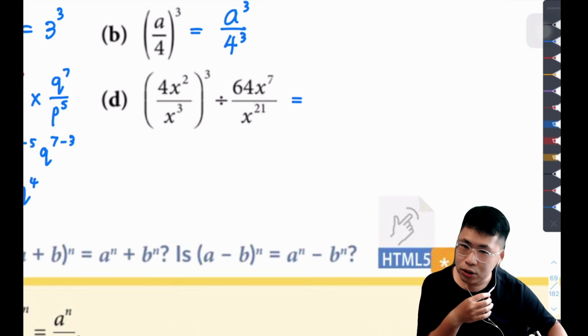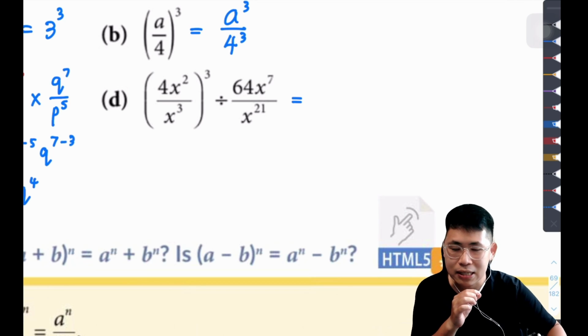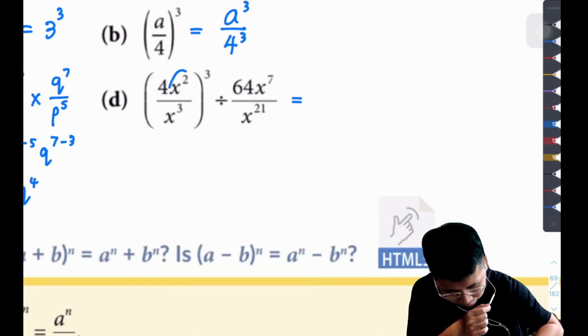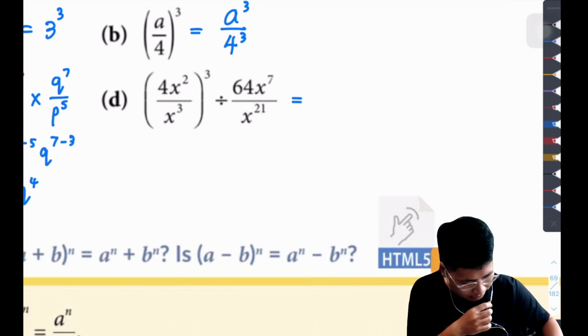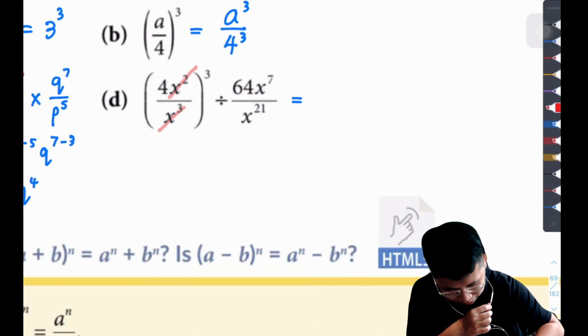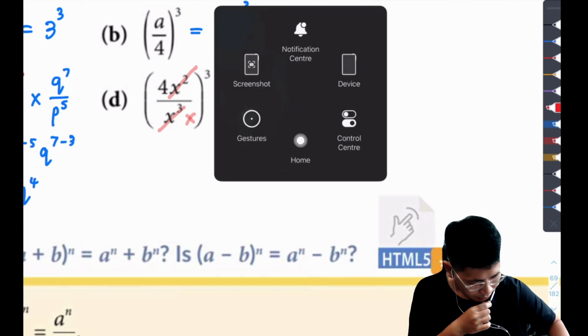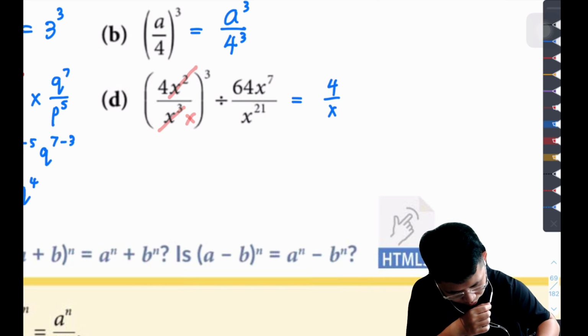So the first thing that I'm going to do is simplify what's in the bracket first in each fraction. Then we'll see what's going on. Okay, so over here I have x squared divided by x cubed. Obviously if I cancel this out, I'm going to be left with an x down there. So what I have left will be 4 over x, whole thing cubed.